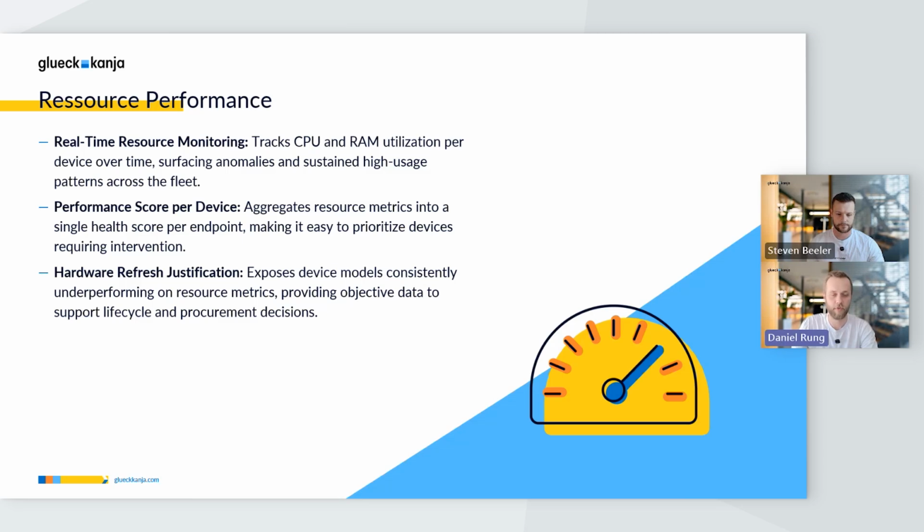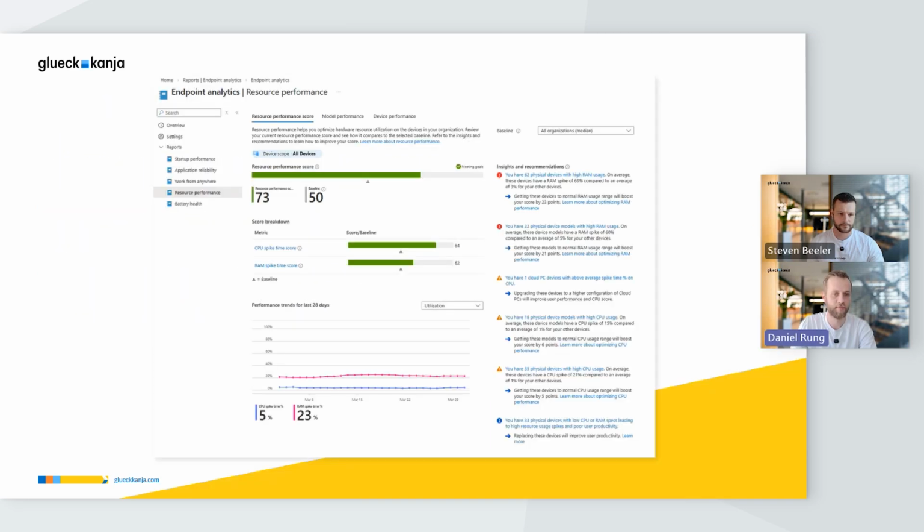This can help you in a hardware refresh or decision making, which hardware should be changed after a while. Maybe also in a device view, which user needs maybe a more performing device, because 8 GB of RAM is maybe not enough for compiling something. And yeah, let's look into the report.